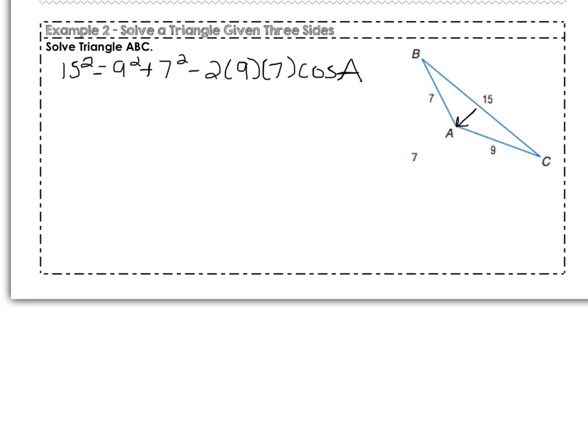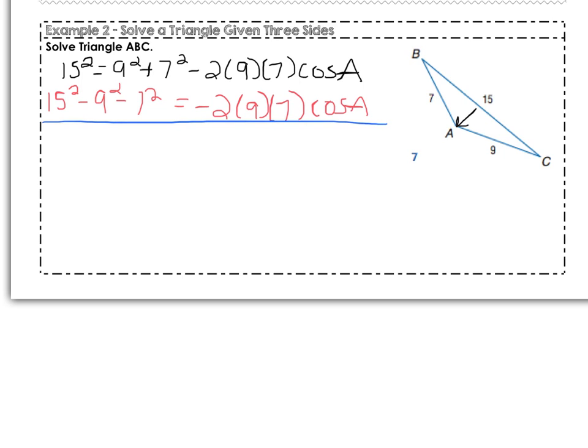So I'm going to start to simplify my expression here. What I can do is subtract 9 squared from both sides as well as subtract 7 squared from both sides. So I'm starting to isolate my variable. The next thing we can do is divide both sides by this quantity of negative 2 times 9 times 7.